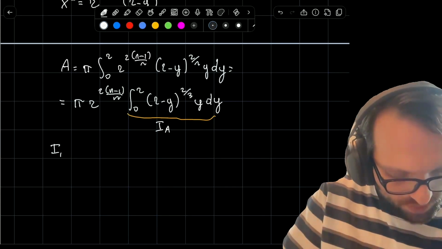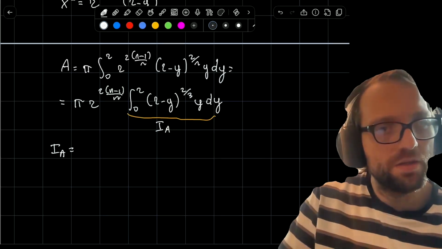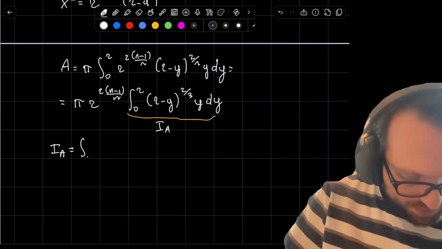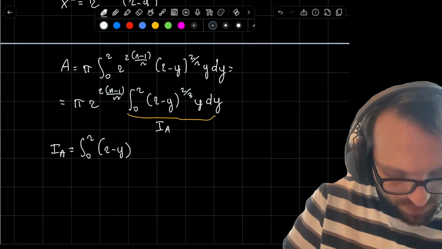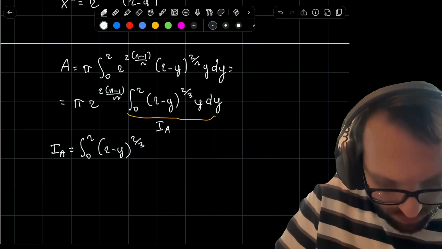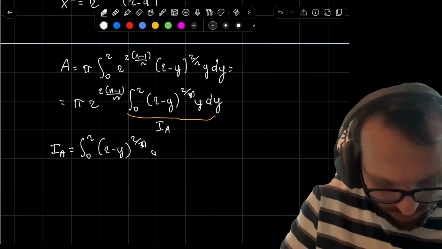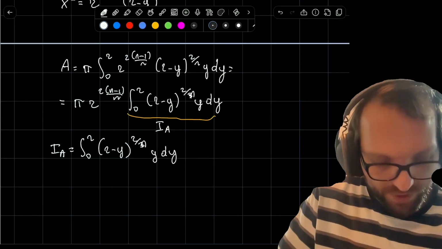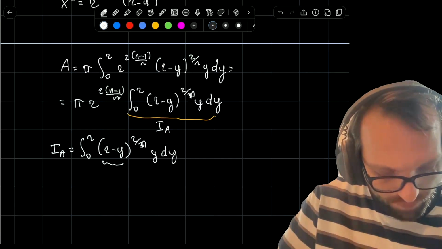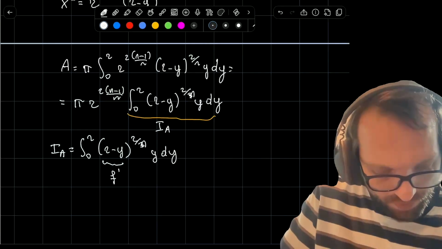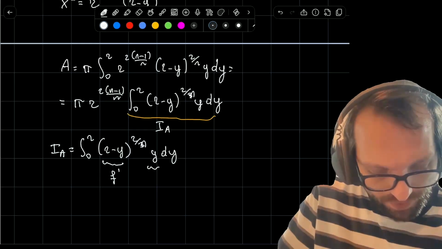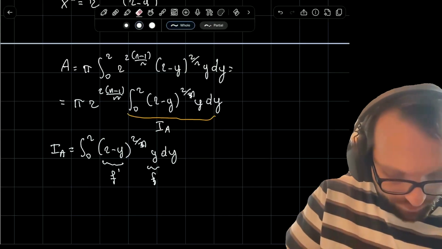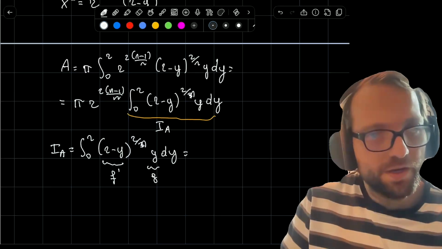And IA is, let's write it again. Here I'm going to use integration by parts, in which the first term is the function that we want to integrate, and the second term is the function that we want to differentiate.